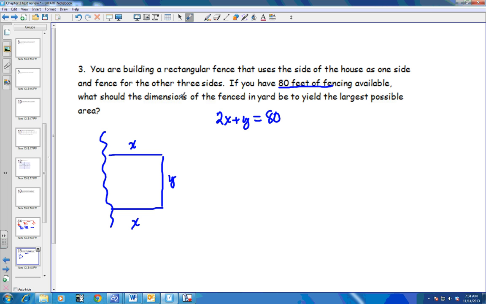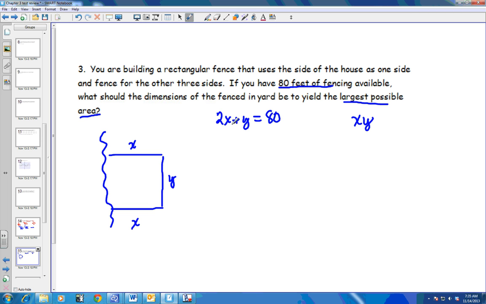Okay, and then I want the dimensions of the largest possible area. So the area of this is always my length times my width, or my base times my height. So my area is x times y. Again, I know that I'm finding the derivative of my area because that's what I want to find the largest, or the maximum, of. I can't find the derivative when I have 2 separate variables.